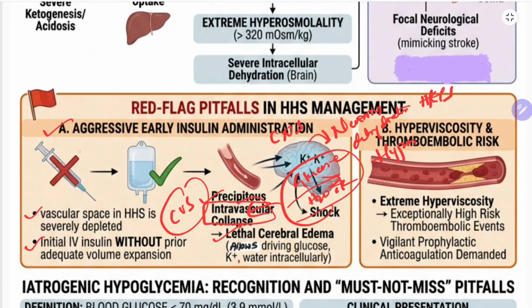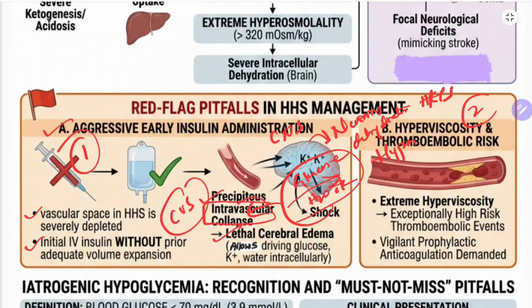Now if you give insulin therapy after fluid correction, that can even exacerbate the hypokalemia, and it can precipitate severe hypokalemia. Okay, that's why initially you should correct the dehydration, then measure the potassium concentration, then you can give insulin to these patients. So that is the first pitfall.